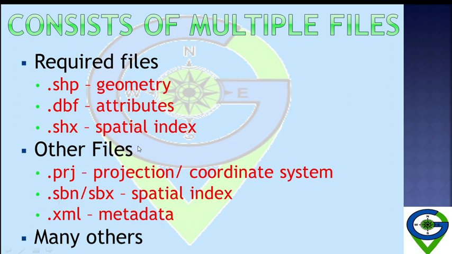You can project your shapefile and again give its projection, and if .sbn or .sbx is lost, you can prepare it again. But if the .shp, .dbf or .shx file is lost, then all your data will be corrupted and the file will not open in any software.